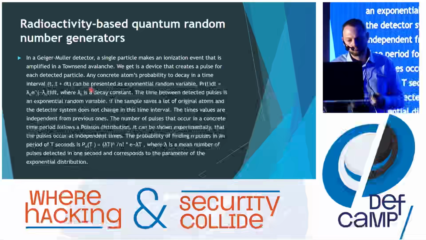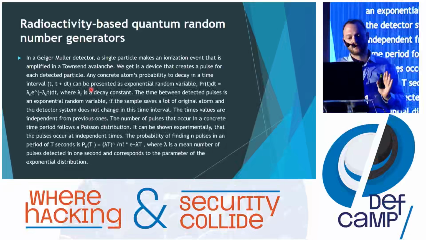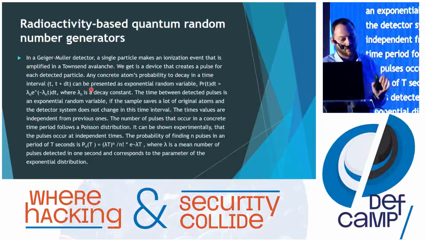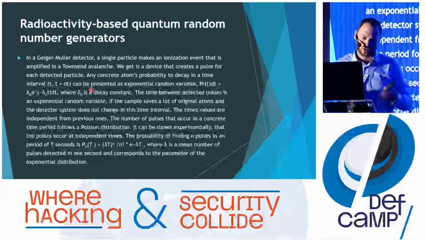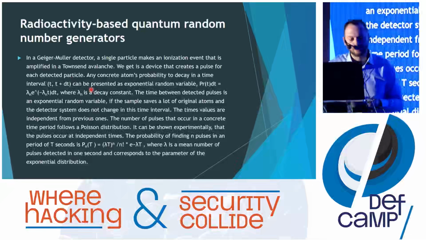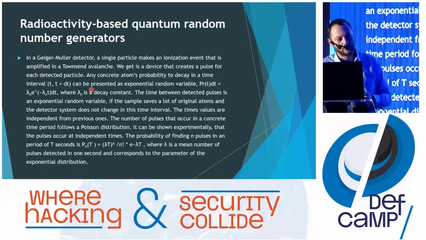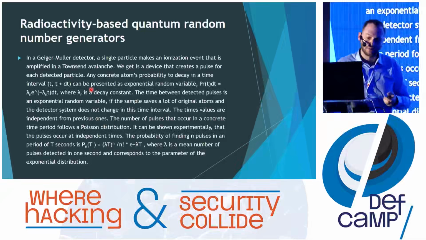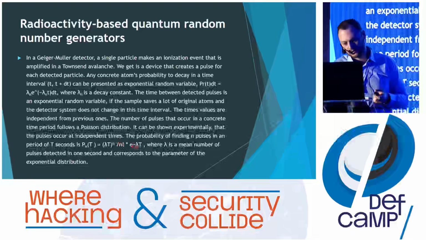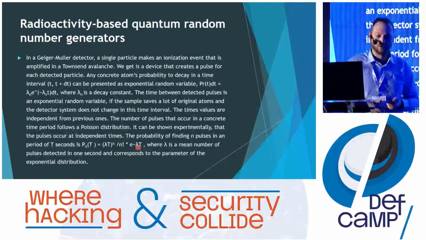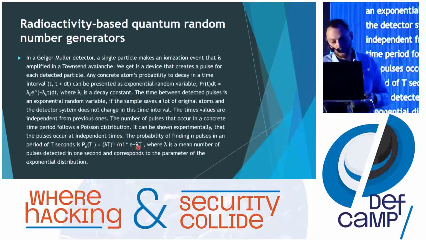It must be emphasized that the number of pulses that occur in a concrete time period follows a Poisson distribution, and we can show experimentally that these pulses occur at independent times. The probability of finding k pulses is given here, where lambda is the mean number of pulses detected in 1 second.